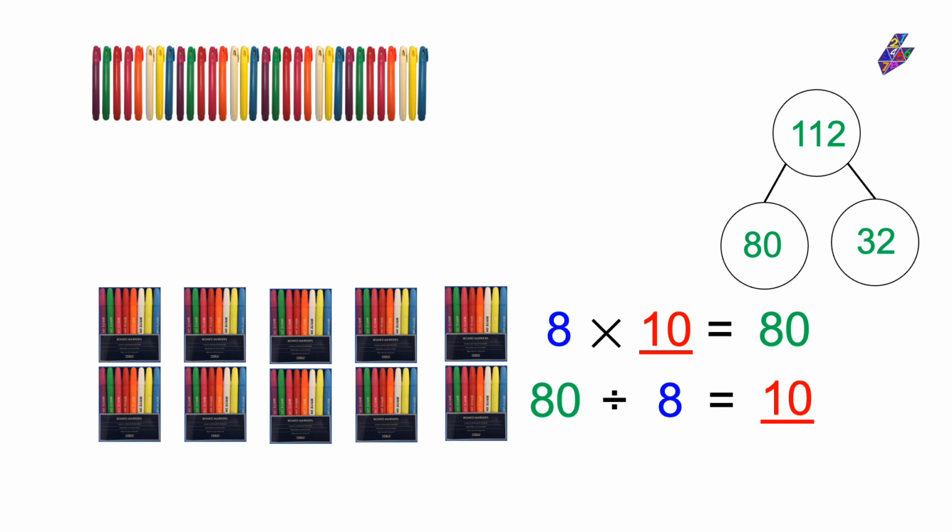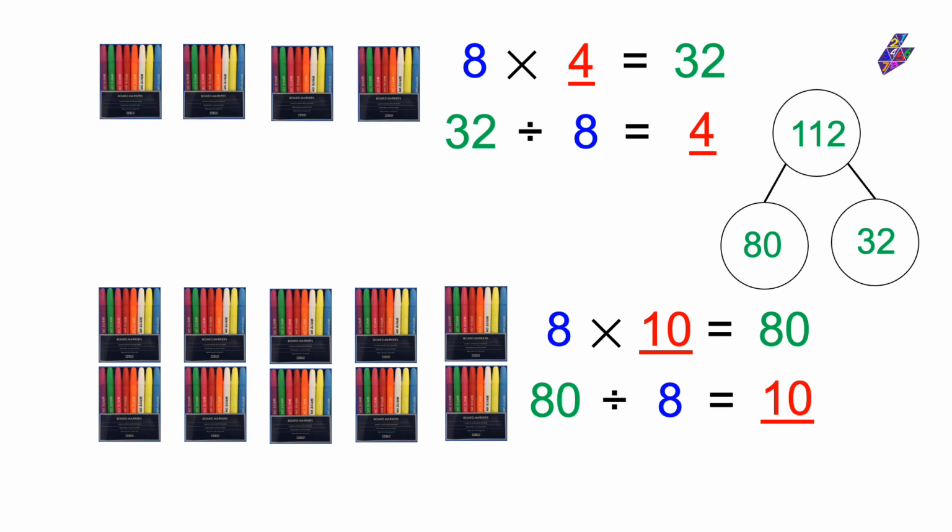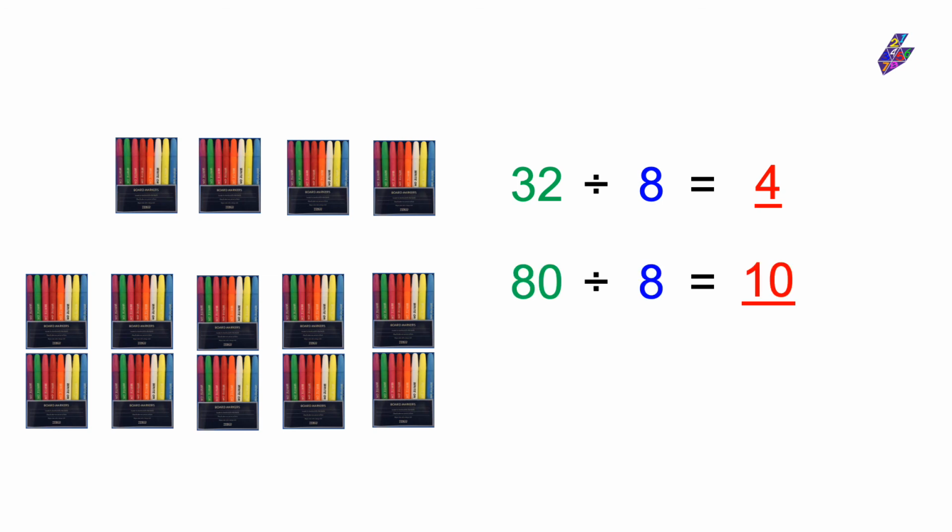You may also know from knowledge of your 4 times table that 8 multiplied by 4 equals 32, and therefore 32 divided by 8 is equal to 4. So these 32 pens will produce 4 packs if there are 8 pens per pack. So we decomposed 112 into 80 and 32. 32 divided by 8 equals 4. 80 divided by 8 equals 10.